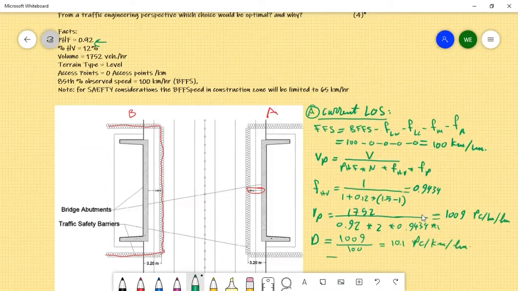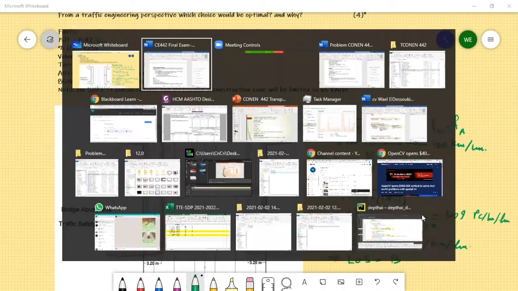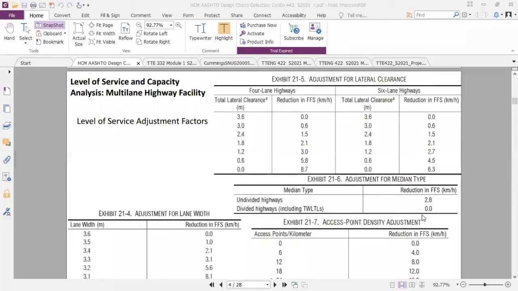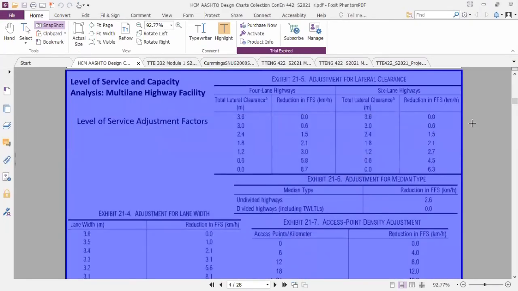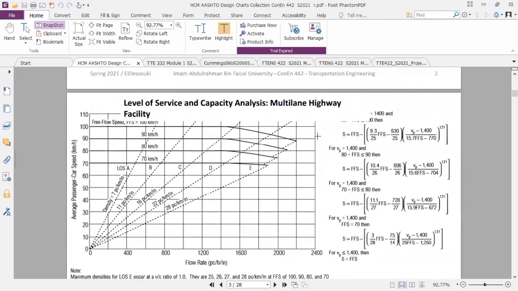That means the level of service currently equals B. The current density is 10 and the limit for B is 11.